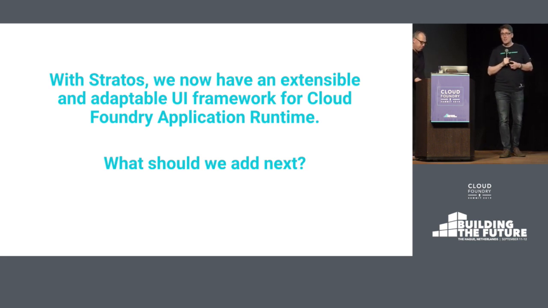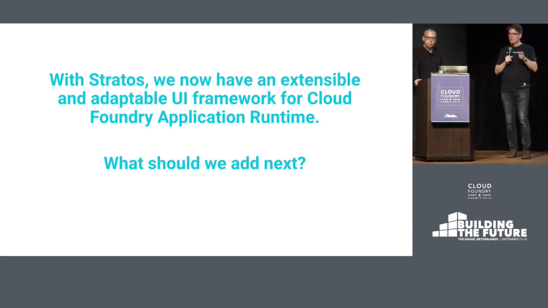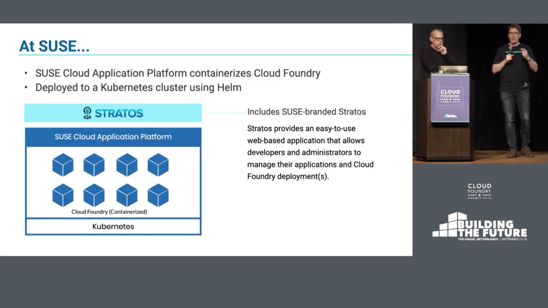But it's been in the works for a while, and since a couple of years ago, from the very earliest days, we had a design in place that made it very adaptable for Cloud Foundry. And with these abilities to adapt to new APIs and multiple API endpoints, what should we do next? We have a really great UI for Cloud Foundry. What should we do? And a little bit about how this affects us at SUSE.